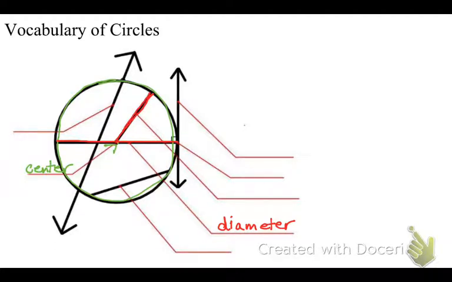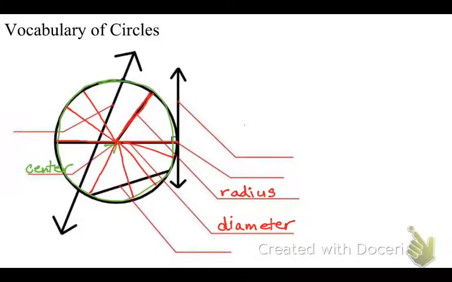So it goes from the center point to the side. And remember, I can draw the radius anywhere in the circle, and it's going to be the same length because the center point is equidistant to the outside of the circle.